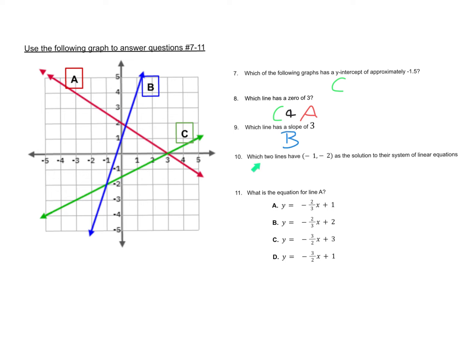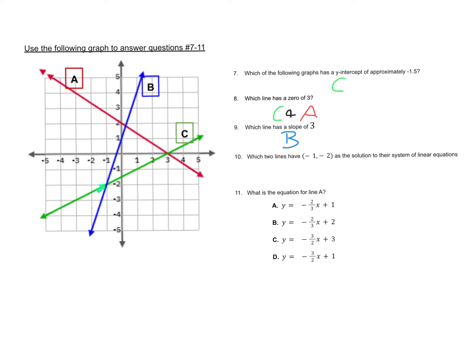All right, question number 10. Which two lines have -1, -2 as the solution to their system of linear equations? Okay, remember, a solution to a system of linear equations is where the two equations intersect. So we're simply going to find the point at -1, -2.